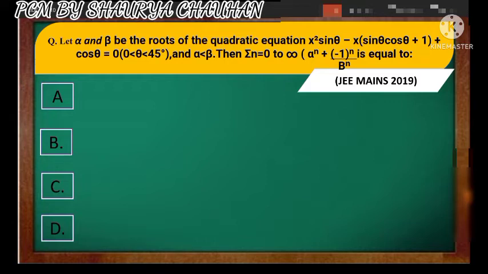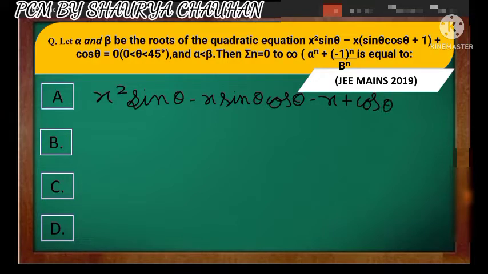So by splitting the middle term, it will become x square sin theta minus x sin theta cos theta minus x plus cos theta equals 0.